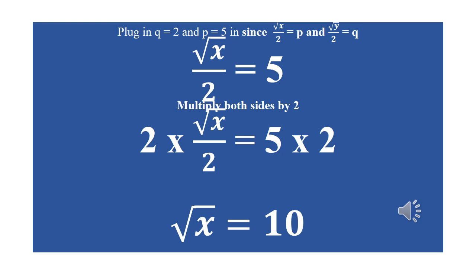Now plugging in q as 2 and p as 5, since square root of x over 2 is p and square root of y over 2 is q, we can now equate square root of x over 2 equals 5 and square root of y over 2 equals 2. Now going for the first one, square root of x over 2 equals 5. If you multiply both sides by 2, we have square root of x equals 10.